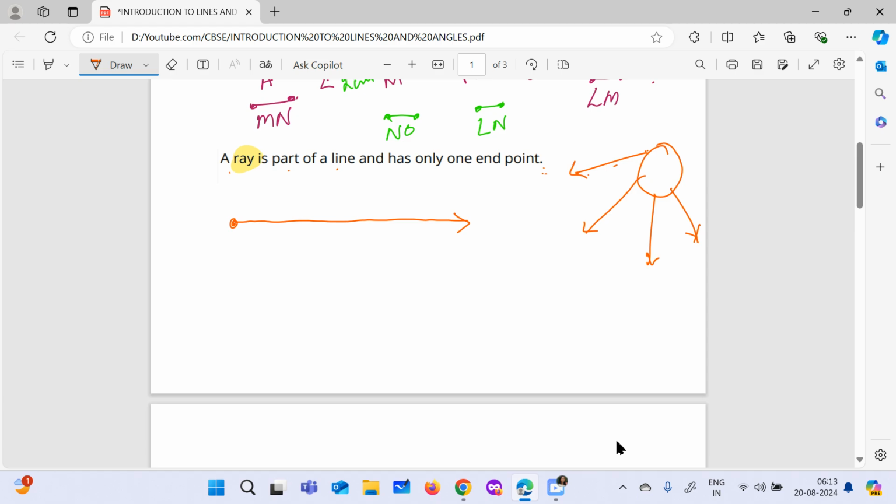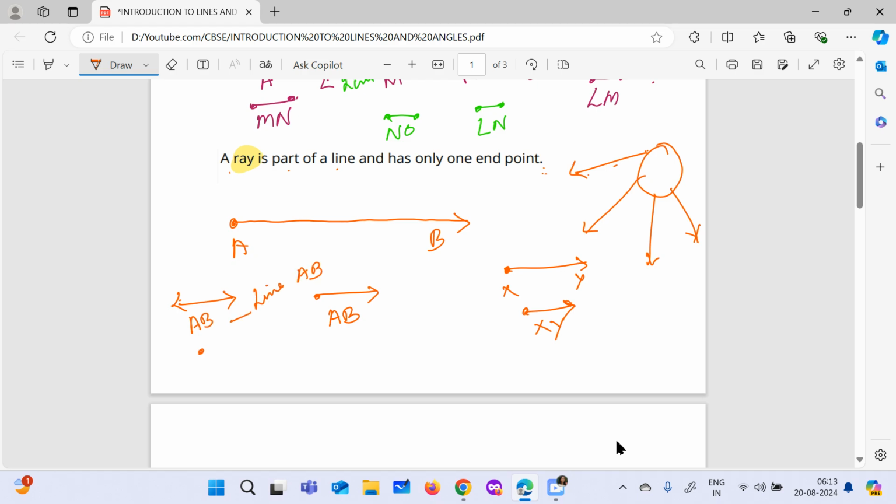So suppose this is A, this is B, and I have to represent ray AB, I will mark it like this. This is ray AB. Now suppose we have ray XY, we will represent it like this. So now you saw three representations. One is two arrowheads on both sides, which we read as line AB.